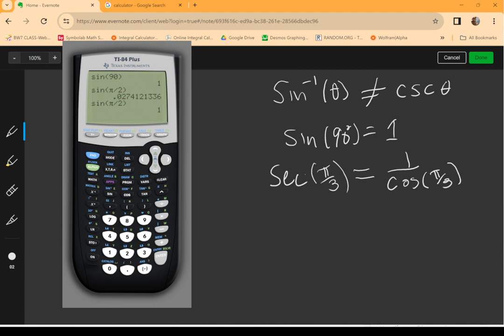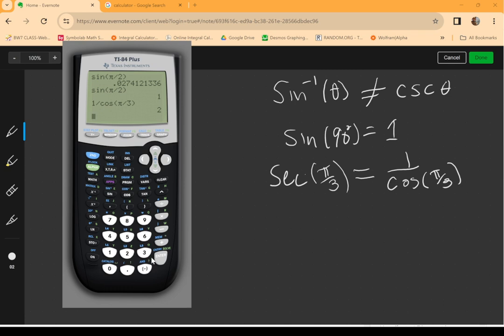Cosine of pi over 3 is 1/2, so the reciprocal should be 2. Let's confirm that here. You'd have to use 1 divided by cosine, second pi, divided by 3. I'm already in radians, so I don't need to worry about that. Close it, enter, and we get a value of 2.